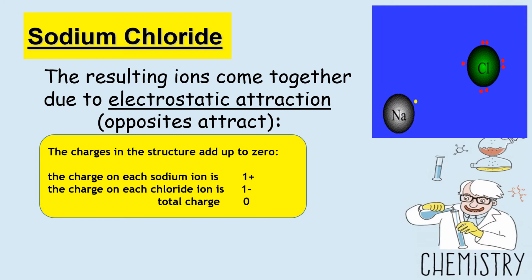Looking at the chemical formula of sodium chloride, since the net charge is 0, the charge on each sodium ion is 1 plus, and the charge on each chloride ion is 1 minus. So it is NaCl.